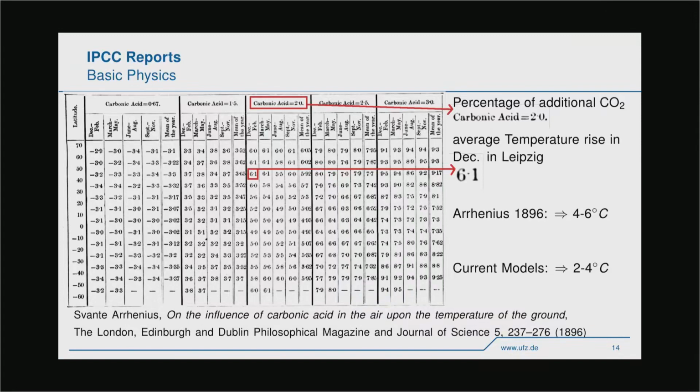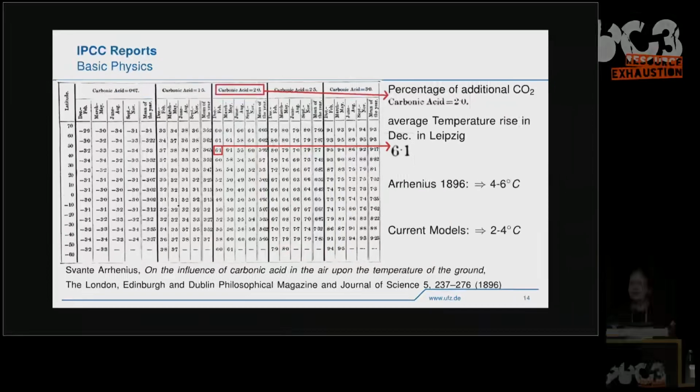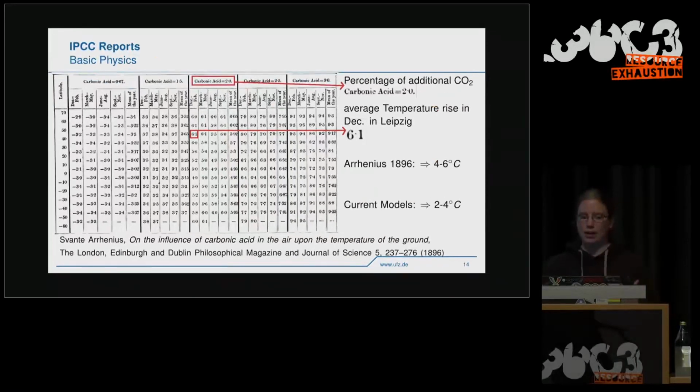So if we have a look to the percentage, he investigated what if we change carbon dioxide? So what is the impact of our behavior? Let's say the carbon dioxide in our atmosphere would double, so that would increase by a factor of 2.